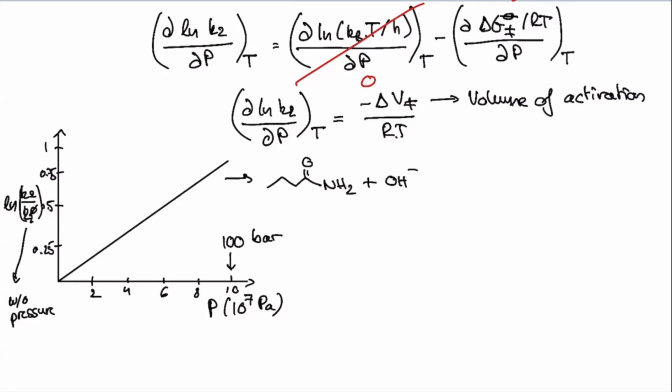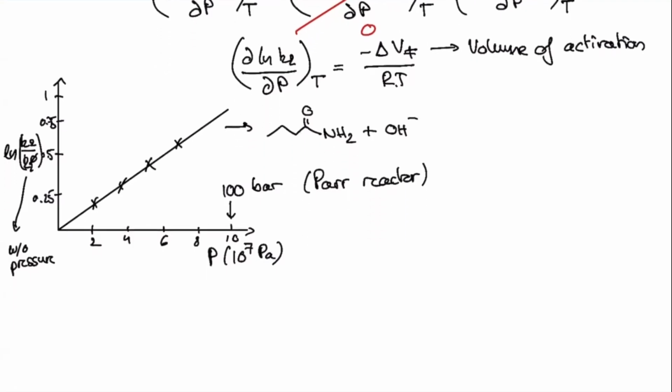If you put some serious pressure on your reaction, and that can be done, for example, in a power reactor, you can easily reach 100 bar. Then you can really significantly accelerate your reaction. That's a bit less straightforward, but again, used in organic chemistry a lot to accelerate reactions.